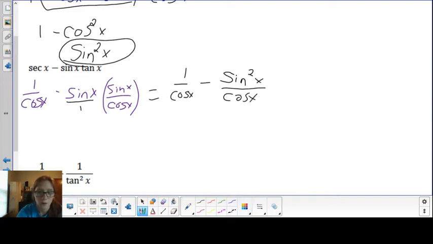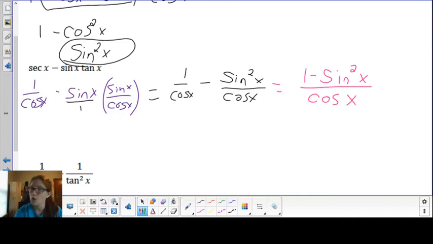And if you notice, they have the same denominator. So I can put the numerators together. I have 1 minus sine squared of x over just regular cosine. No squareds, no extras. You're just adding and subtracting fractions, so as long as the denominators match, you're good to go.